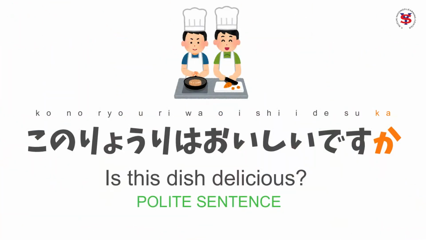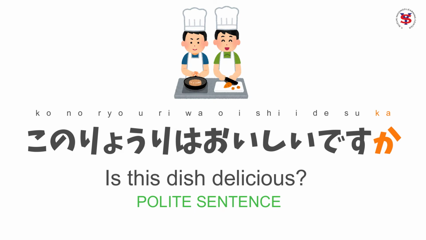So the pattern for nouns and na adjectives are basically the same. Next, let's take a look at an example for the e adjective. For example, nasa Japan tayo and tinatanong ng chef, この料理は美味しいですか? Is this dish delicious?